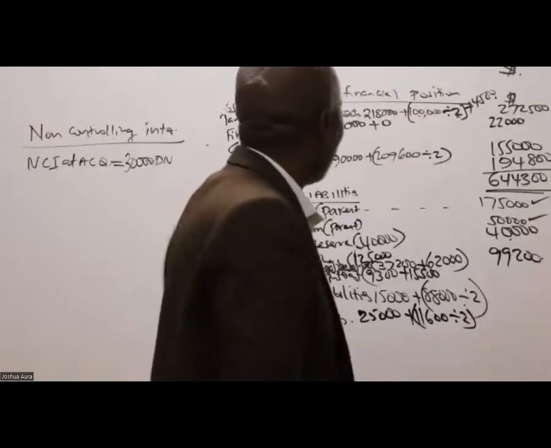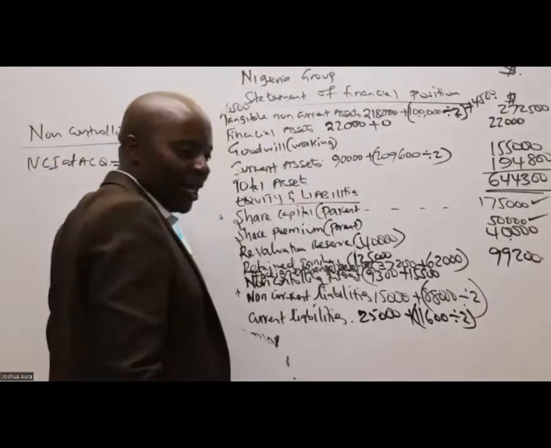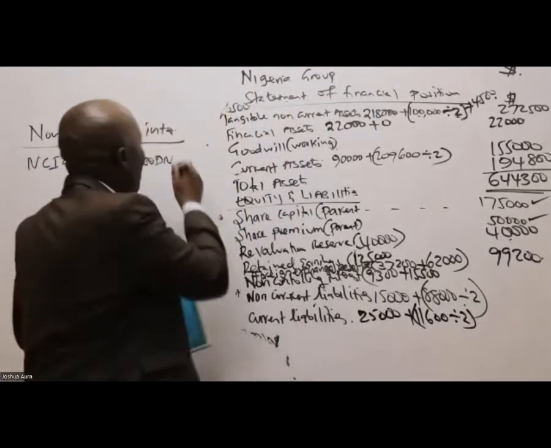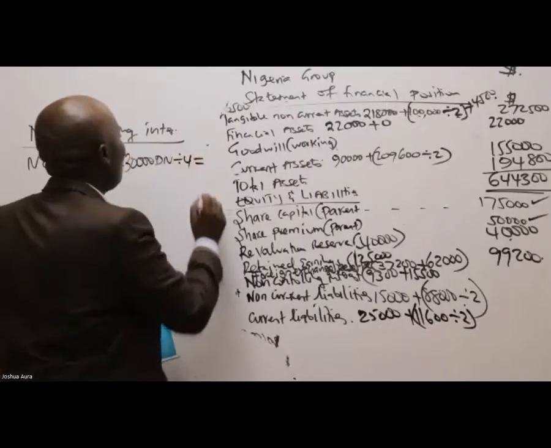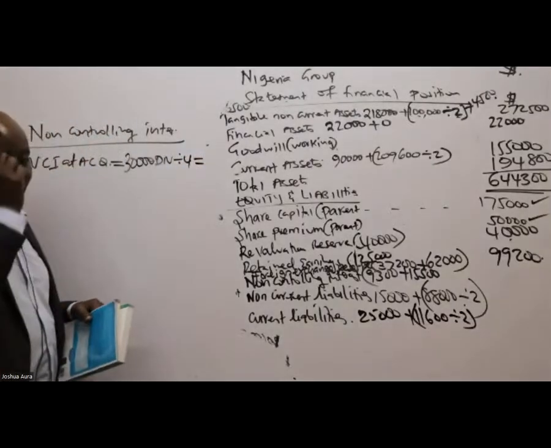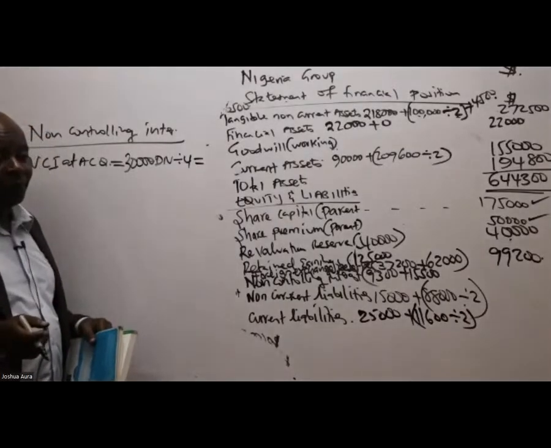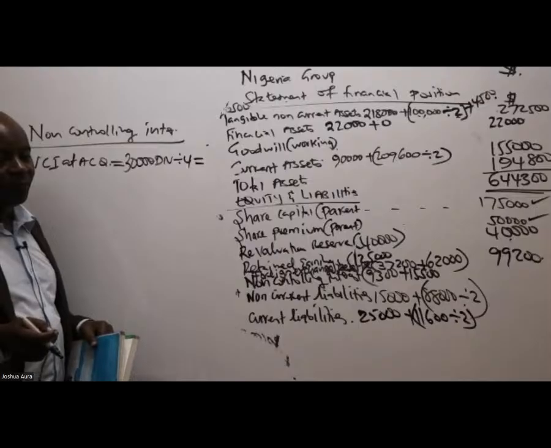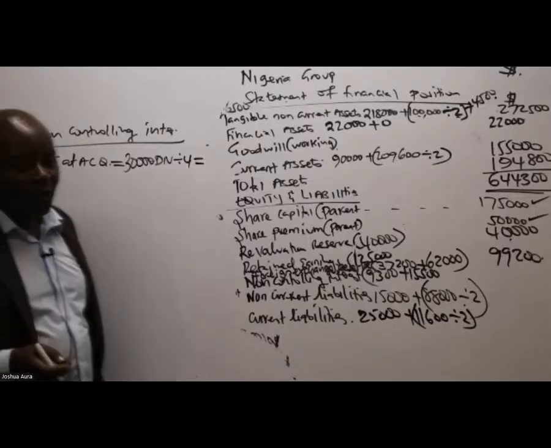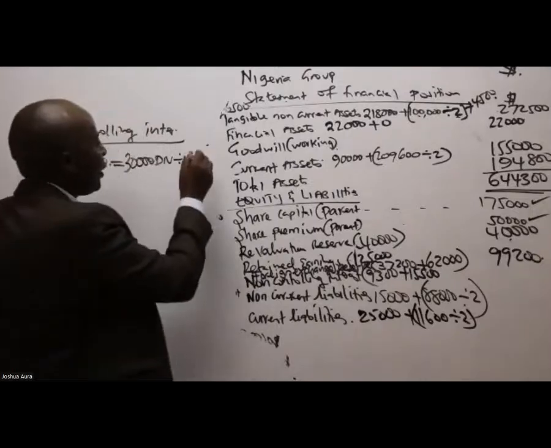Because you can see we are saying NCI at acquisition, at 4. So divide this with 4. Kindly give me this figure. Yes, so 7,500. Thank you very much.